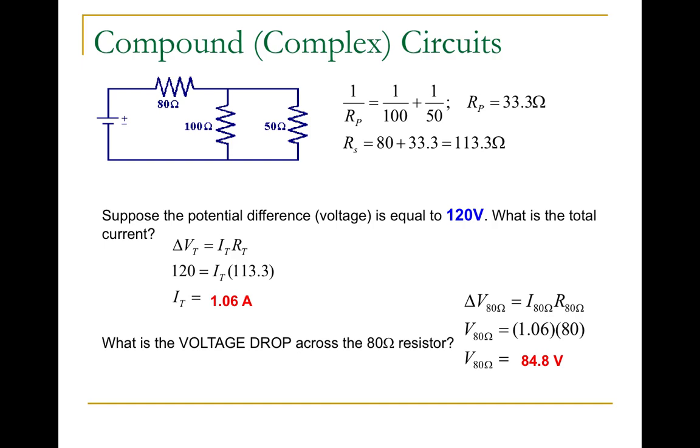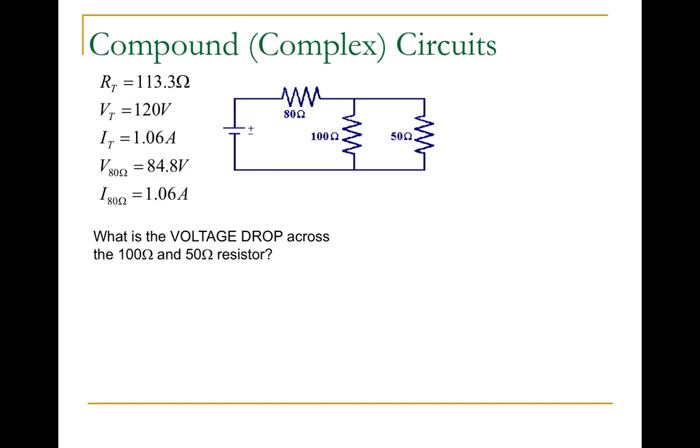Now the other 2 resistors, we need to figure out how much current will travel through them. If we want to do that, we need to know the voltage drop across them first. In order to do that, I need to look at the voltage drop across the 80 ohm resistor.